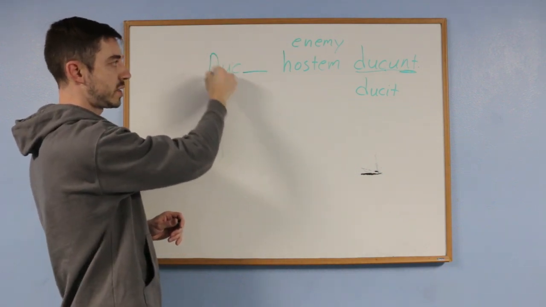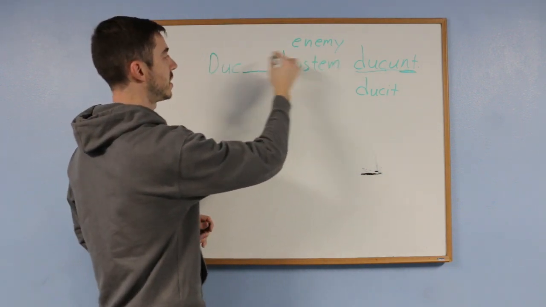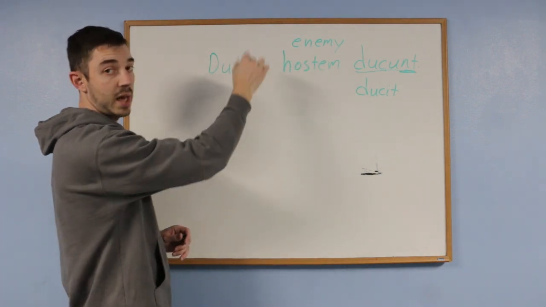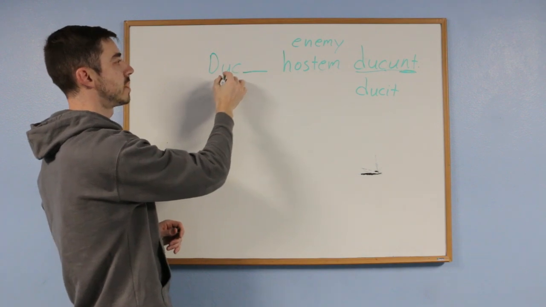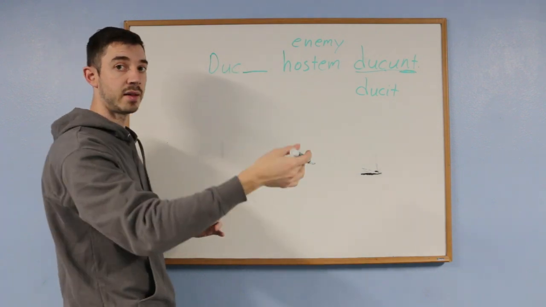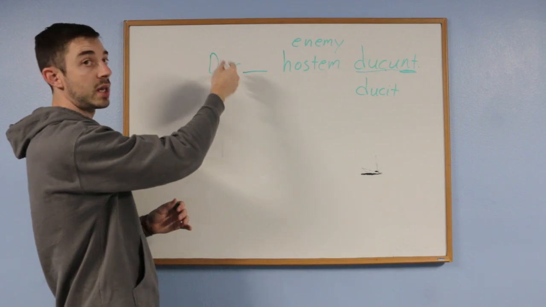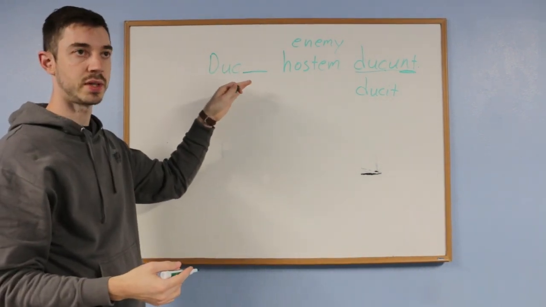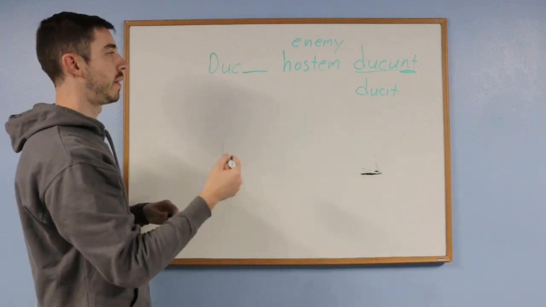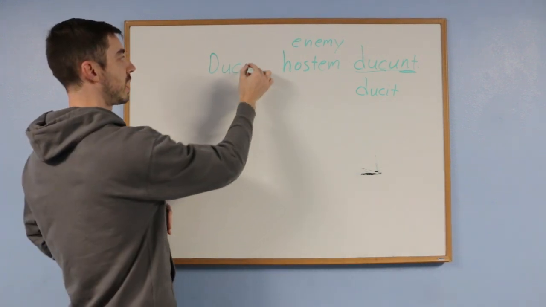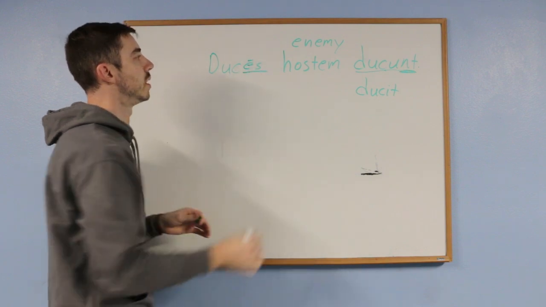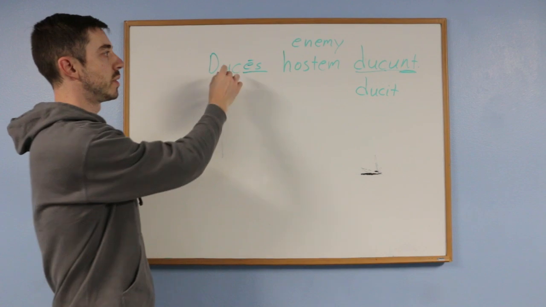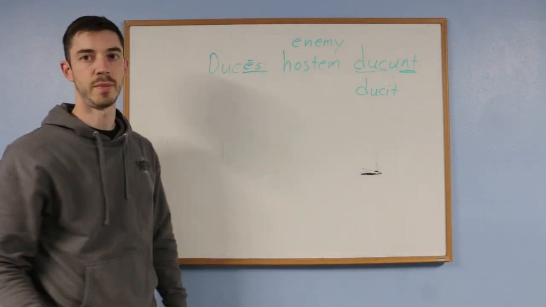And this is the subject, so some type of leader is leading the enemy, and since it says they lead the enemy, this must be leaders plural. And since it's leaders plural, this is a third declension noun, the nominative plural ending is es. So duces hostem ducunt. So the leaders, they lead the enemy.